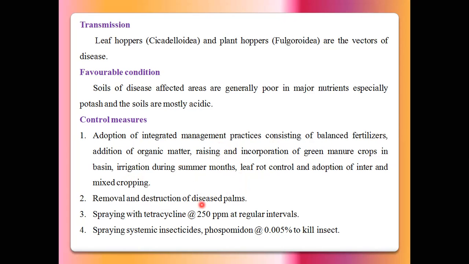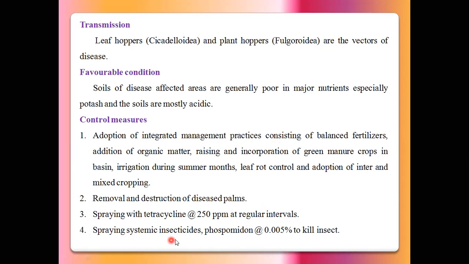Then removal and destruction of the diseased palms. Then spraying with tetracycline at the rate of 250 ppm. This spray is generally done regularly at 4 to 5 month intervals. In this way you can avoid this root wilt disease.